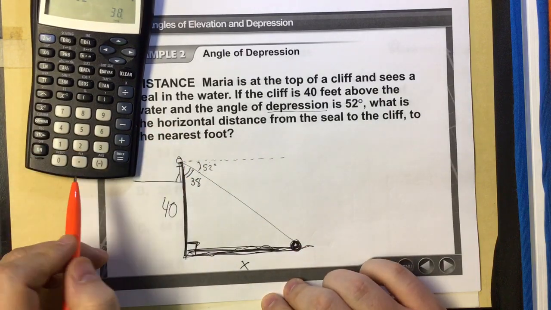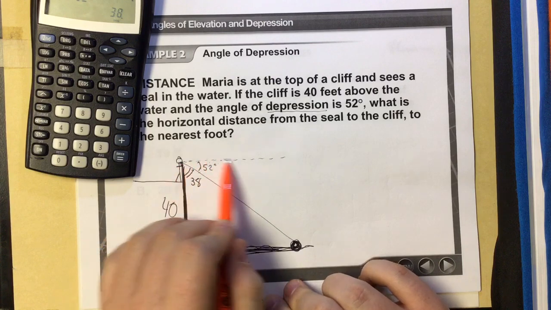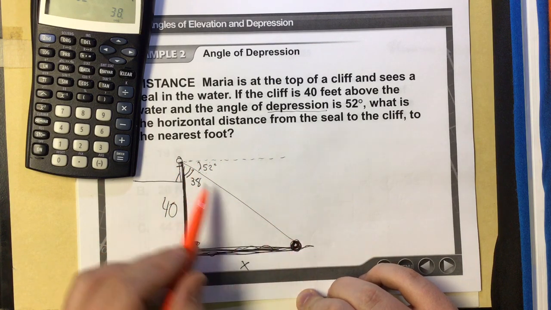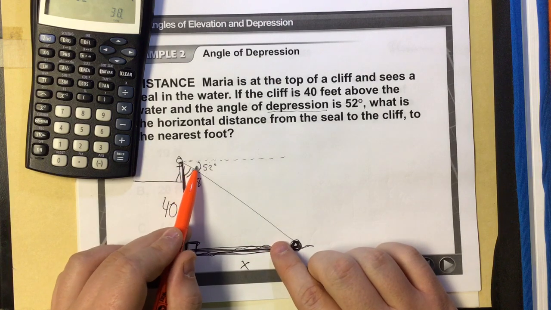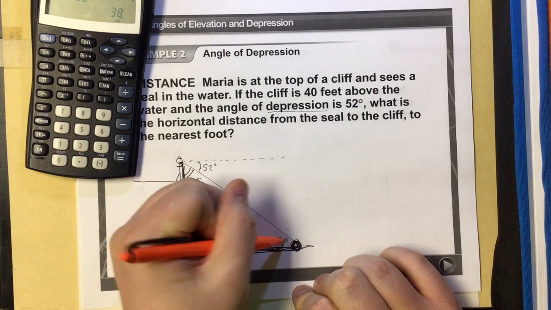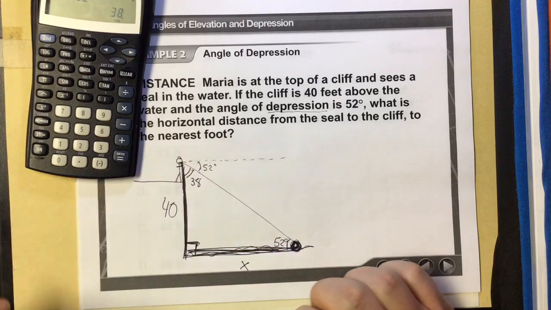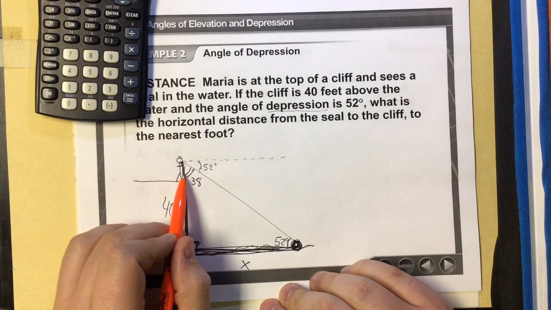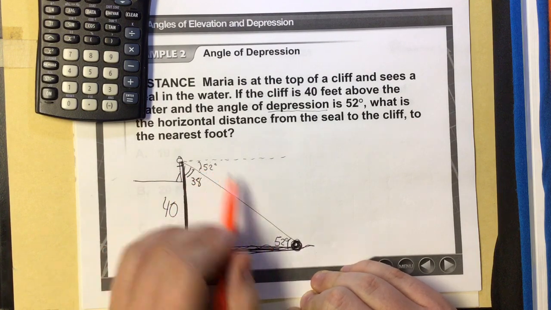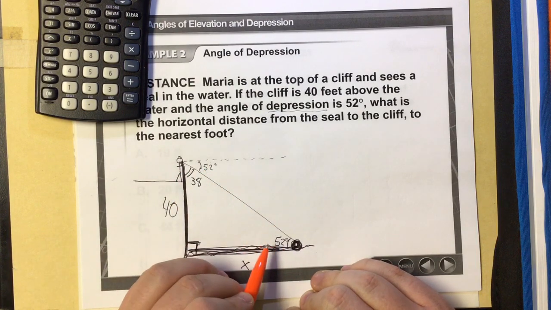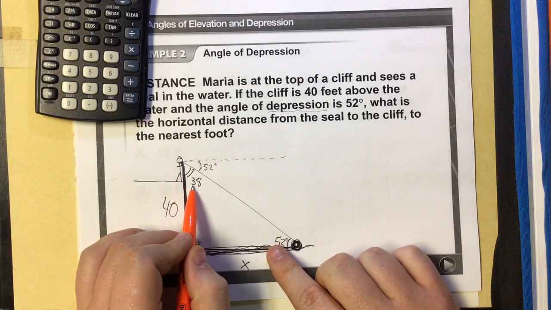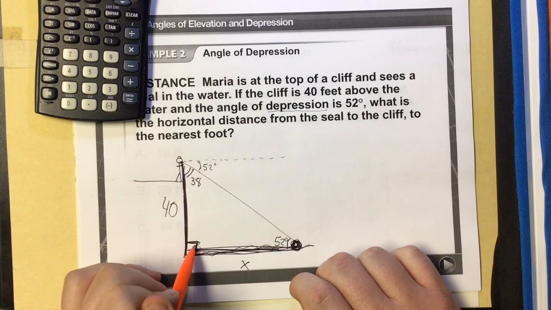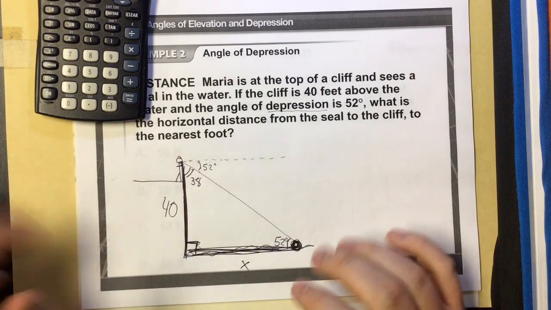You can also say this line and this line are parallel, cut by a transversal, so alternate interior angles are congruent. So this one has to be 52 degrees. Either one works. It doesn't matter which one you choose. Notice 38 plus 52 adds up to 90, and 90 plus 90 is 180 for the whole triangle.